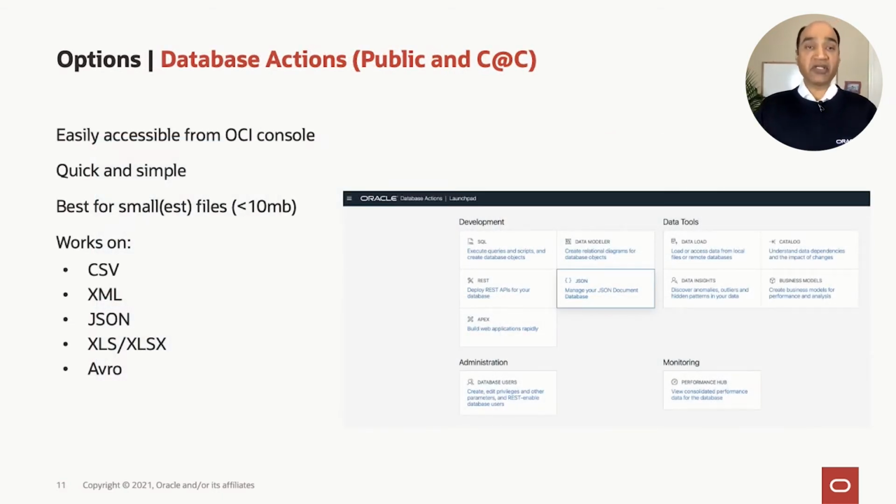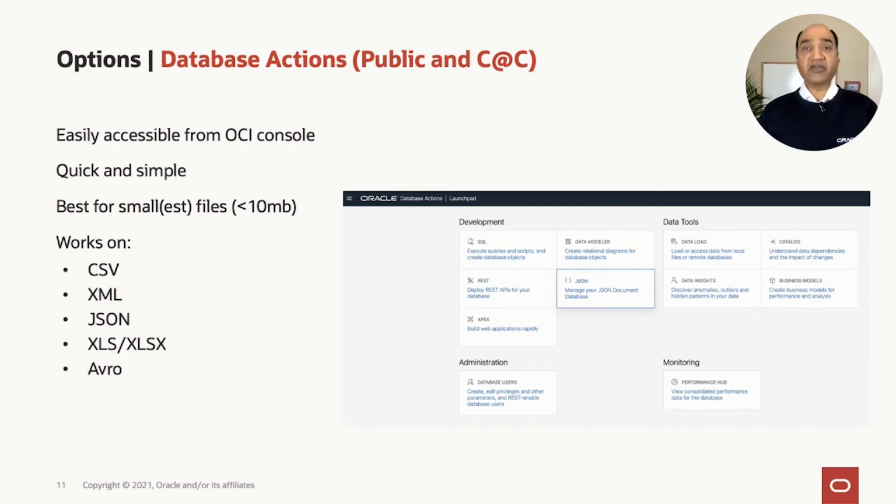So let's talk about Database Actions. This is a migration tool that is available in the OCI service in the database console itself. If you go to the OCI database console in your Autonomous service, you will see one of the tiles there that says Database Actions.